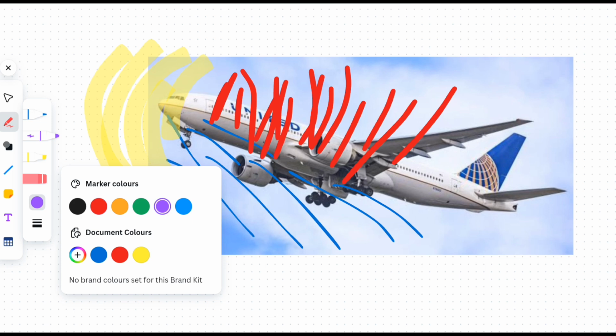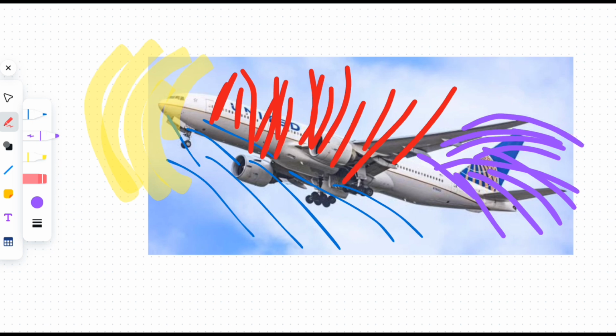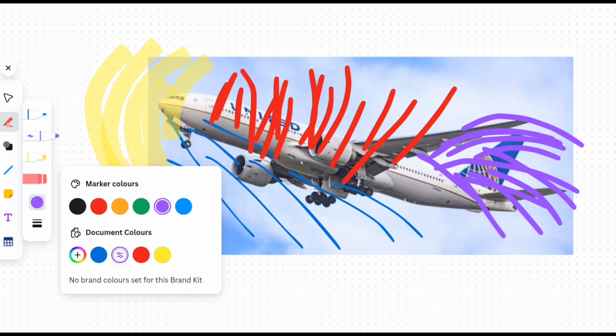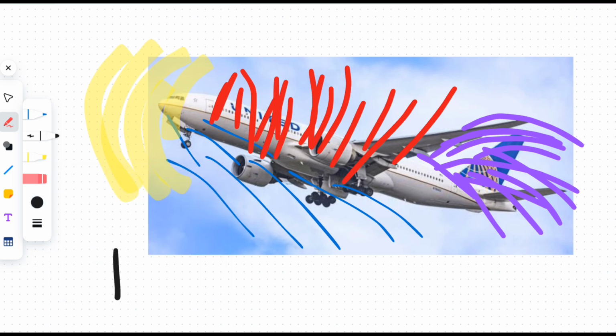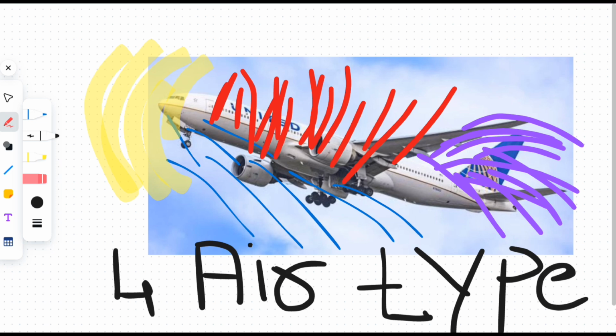So we can see there are three types of airs, and this will be the fourth one, the normal winds. The four types of air in total: the blue one is centrifugal force, the yellow one is normal air but the strongest one, and the red one is the gravitational pull, or we can say force, of the earth on the plane, and the purple, or you can say blue one, is the normal one.